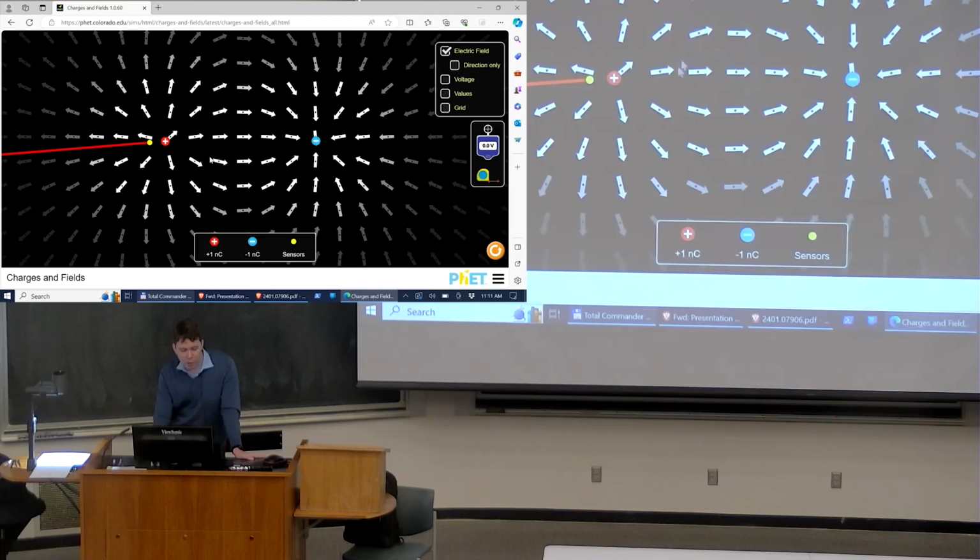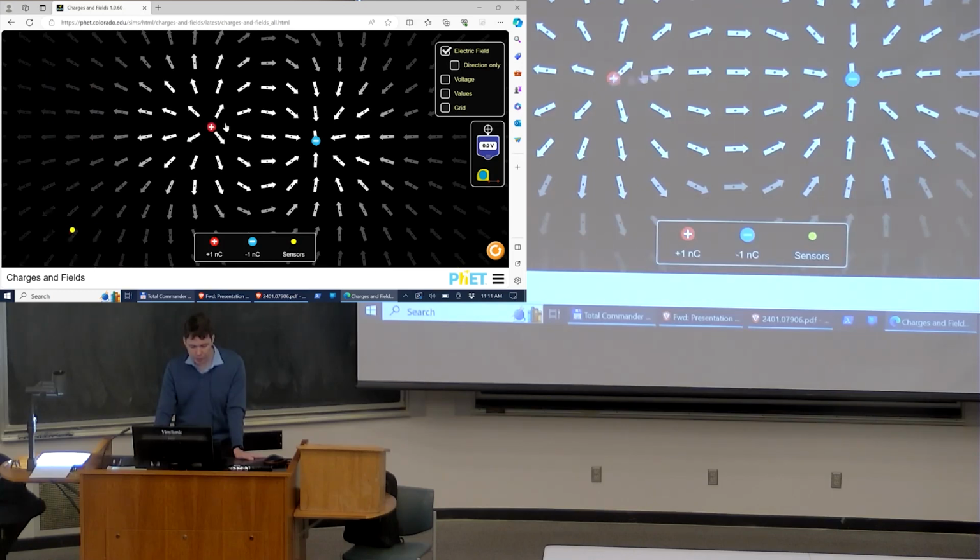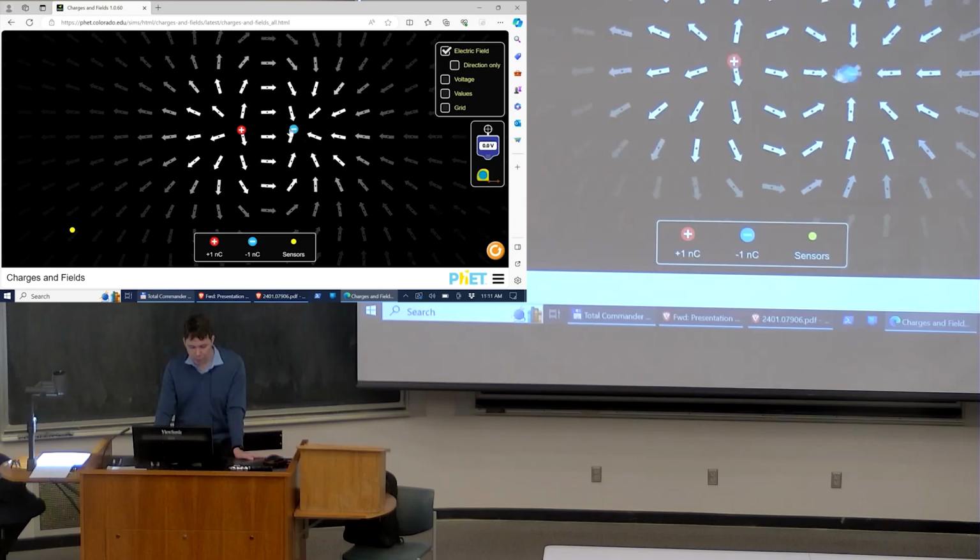But further away, this field gets distorted by the presence of the negative charge. And again, close to the negative charge, it's directed towards that negative charge, and at short distances, it's weakly disturbed by this positive charge. And at large distances, distances significantly exceeding the separation between them.